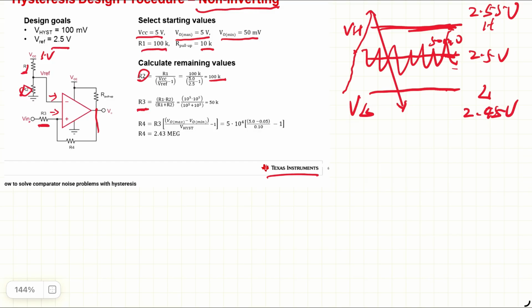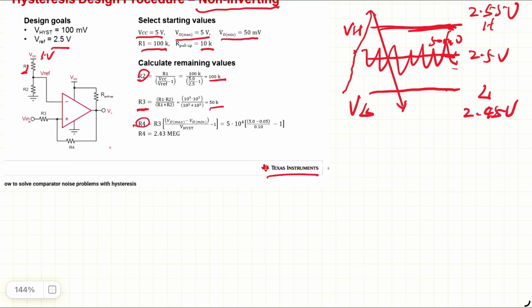If you choose R3 equal to the equivalent resistance of R1 and R2, then whatever offset voltage is produced at these two nodes will be the same, so it will not change your comparison. That's why we choose R3 equal to the parallel resistance of R1 and R2, which is 50K. Then it's a little bit tricky to choose R4, the feedback resistor.